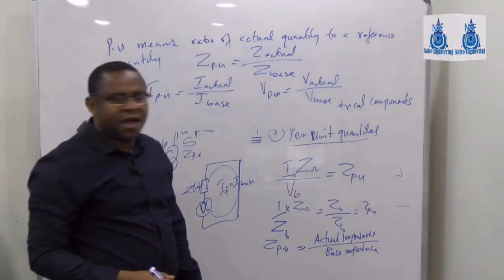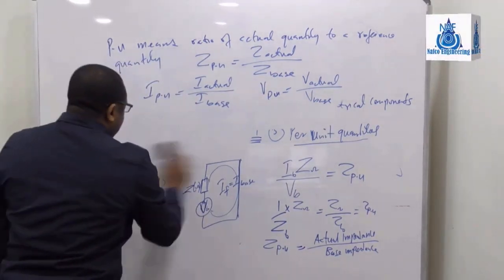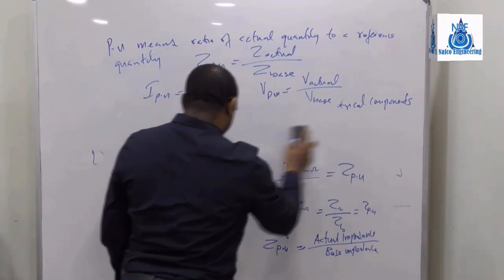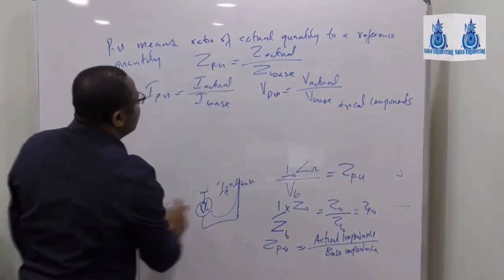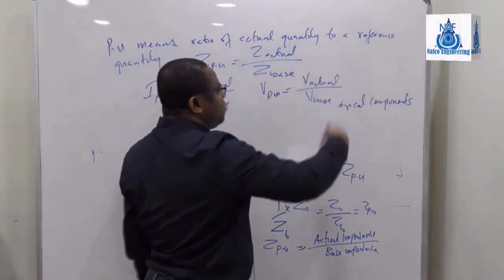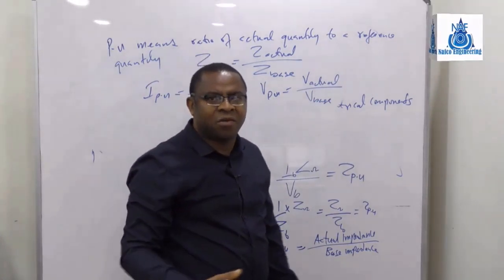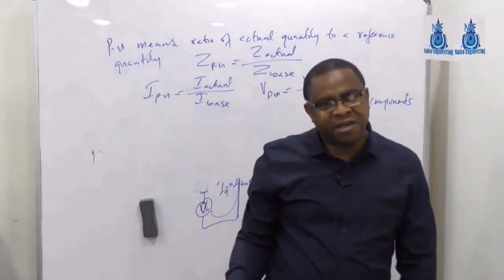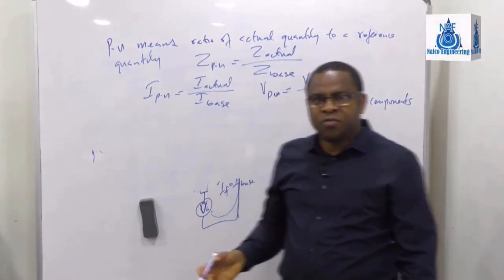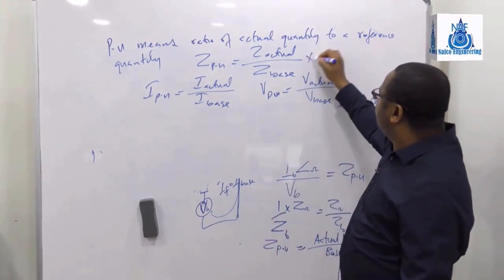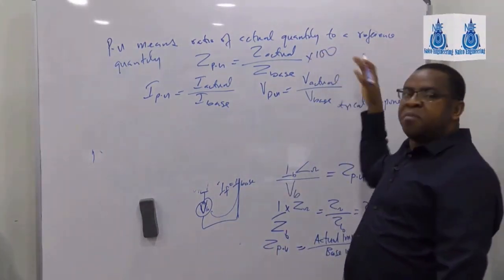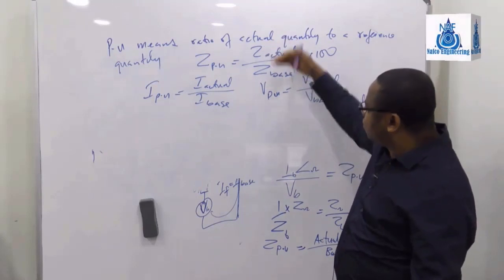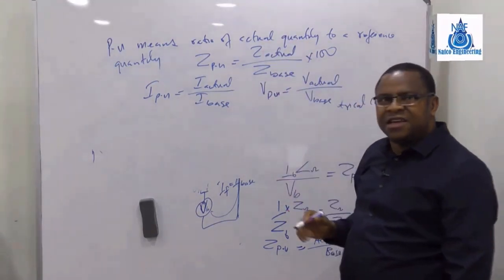Now, remember that if I multiply by 100, it becomes percent. So sometimes you can see the quantities given to you in percentage instead of per unit, but it's the same thing. If I multiply by 100, what you get will now be in percentage. But that ratio is what we call Z in per unit.